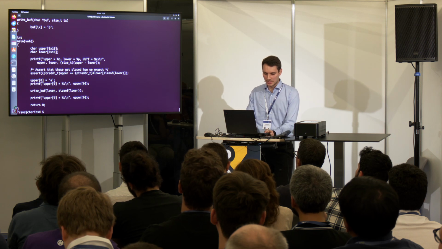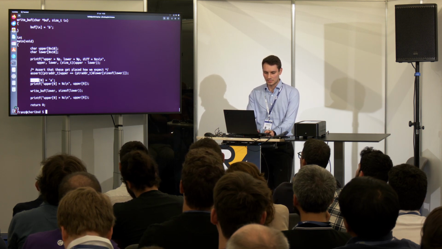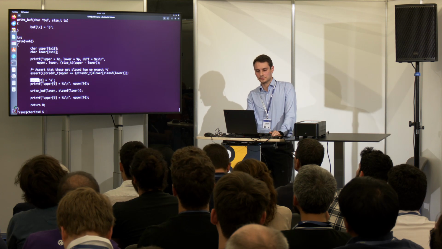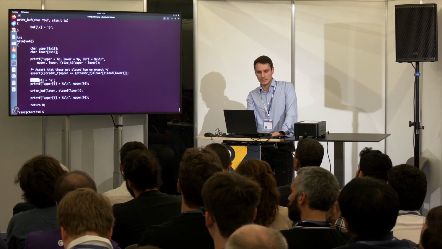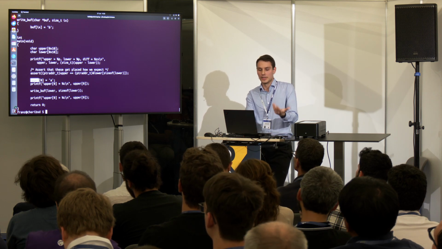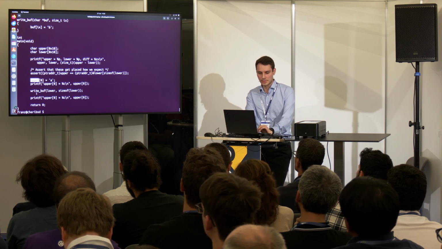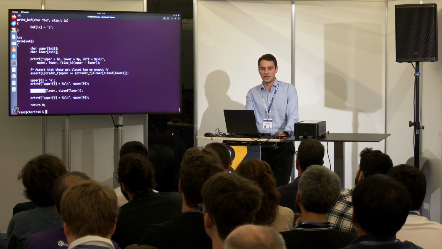What the program then does is it writes, in this line here, the character A to the buffer, and then it prints the buffer upper at the index 0, and then it prints it in the line afterwards. The next important thing is an invocation of the write buff function.